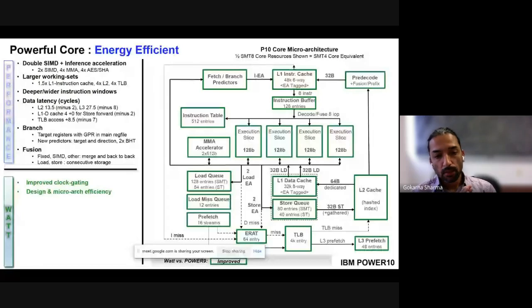Compared to Power 9, the capacity they provide is 2 times more. For example, if the size of the translation look-aside buffer was 2K, now they made it 4K. So you are improving on the size. That is not on the execution efficiency, that is on the capacity. When you have more capacity, the goal is that it will probably give better efficiency, okay?